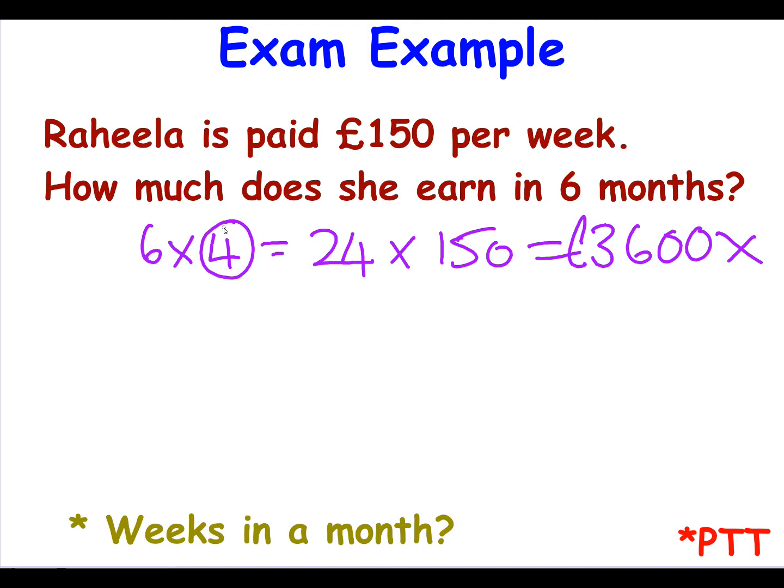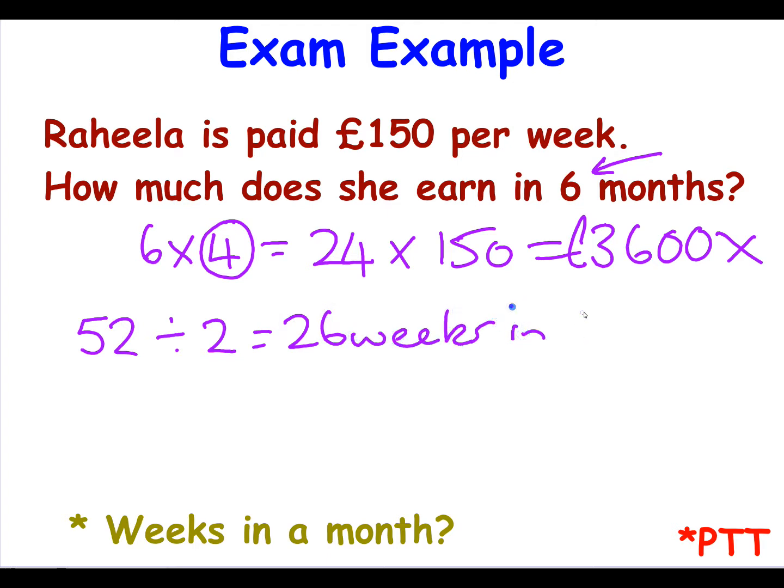So the way to address a question that involves 3 or 6 months is to halve or quarter the number of weeks in a year, because that doesn't change. So we know there are 52 weeks in the year. So if we divide this by 2, we end up with 26 weeks in 6 months.